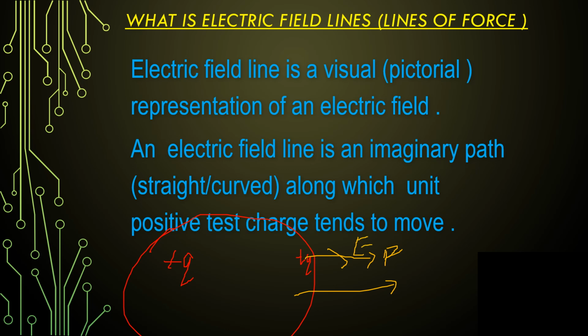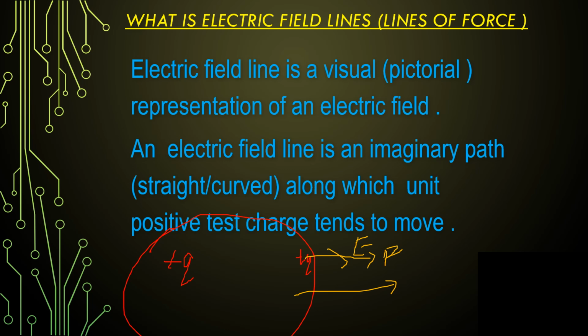Why? Because electric field is nothing but the force experienced by a unit positive test charge placed at that point. If the charge is positive, field and force act along the same direction.